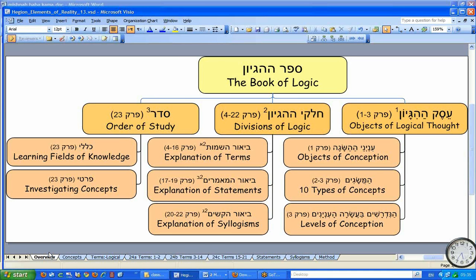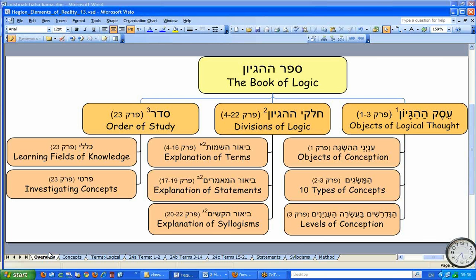The Sefer is divided into three parts. The first part, he explained where concepts come from and the various permutations, what they go through, the variations they go through. And then he said, after you understand the concepts, you want to organize them from the particulars up to the generals in their logic tree, in their organizational chart, so to speak.